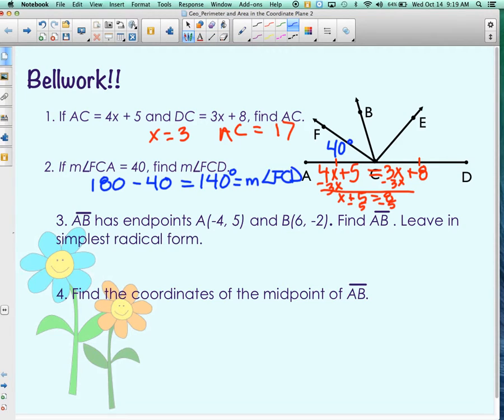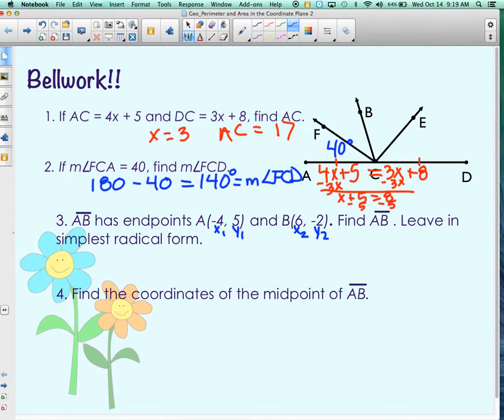If you have endpoints at A(-4, 5) and B(6, -2), find AB. What formula am I going to use? Distance formula. I'm going to call this one x1, y1 and this one x2, y2. Does it matter which one you call 1 or 2?